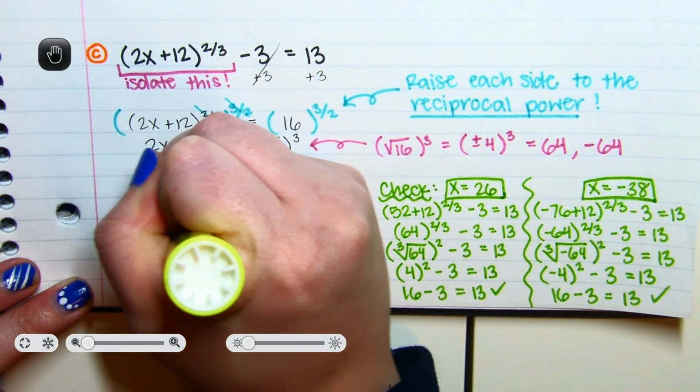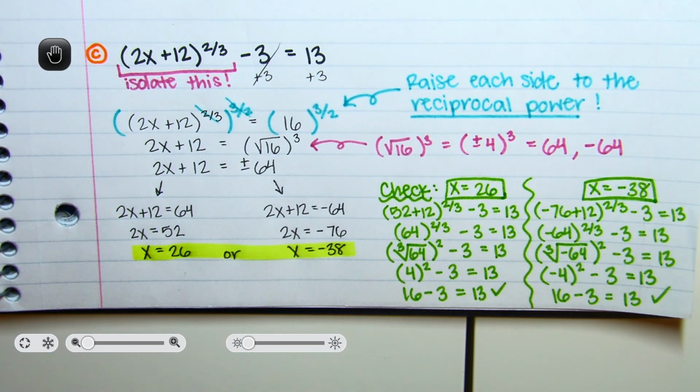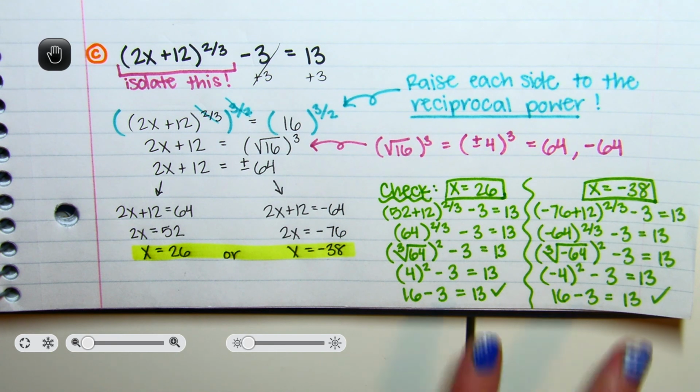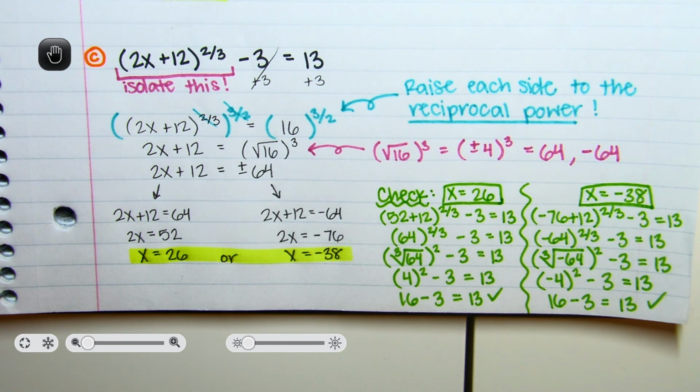Now you could write either x equals 26 or x equals negative 38, like how I wrote it. You could do it in the fancy little squiggly brackets. You could write x equals 26 comma negative 38. Any of those ways of writing the answer is fine, just as long as you have both and you showed that you checked for extraneous solutions for both and showed they were both true.